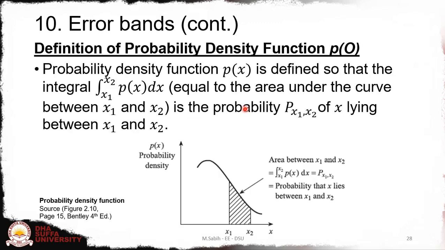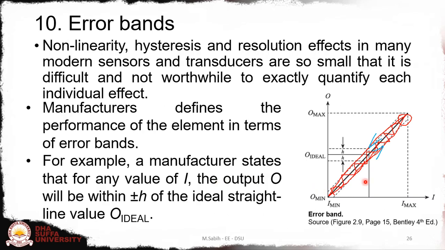What a probability density function is, is defined so that the integral is the probability, the probability of x lying between x1 and x2. In the measurements, what we are saying is that within this band it will be.